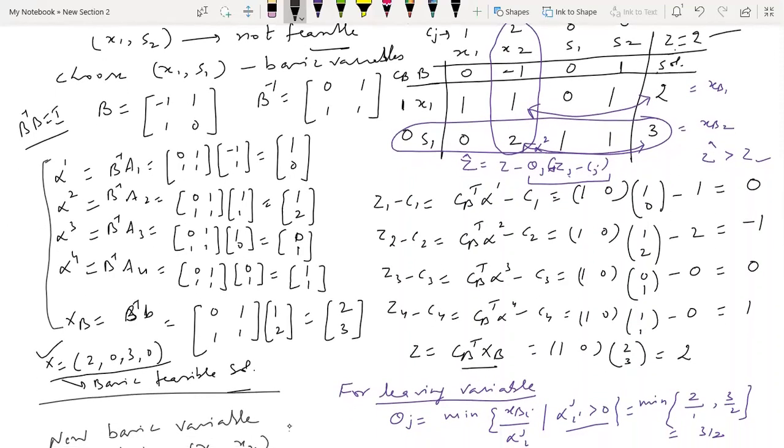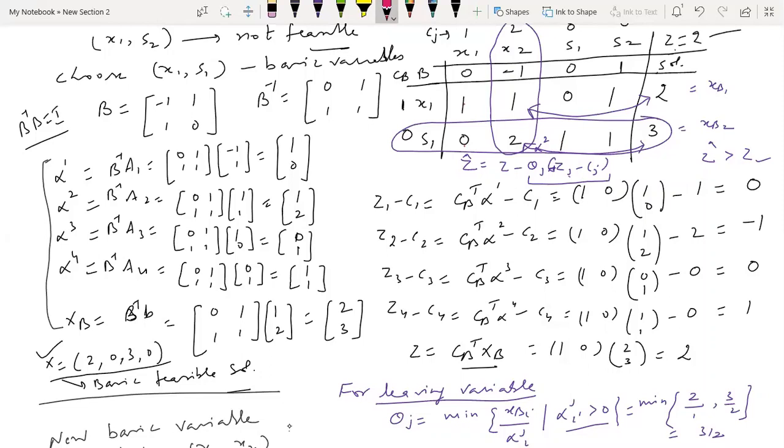Observe something here. If x1 is in the basis, you check the column for x1. It is 1 and 0 here. If s1 is in the basis, the value is 1 and all other elements in that column are 0. So for basic variables, only one element is 1 and all other elements are 0. This is by virtue of my row transformations.